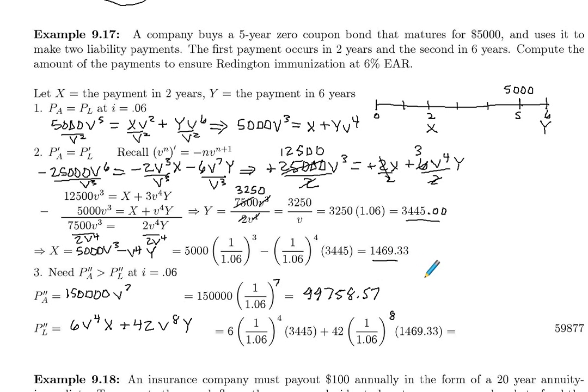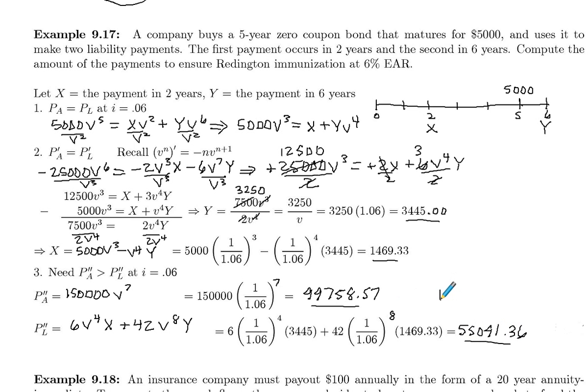So we've brought down our x and y values. And if you do the calculator work there, that actually gives us 55,091 and 36 cents. But what's important here is that this second derivative is greater than this one.